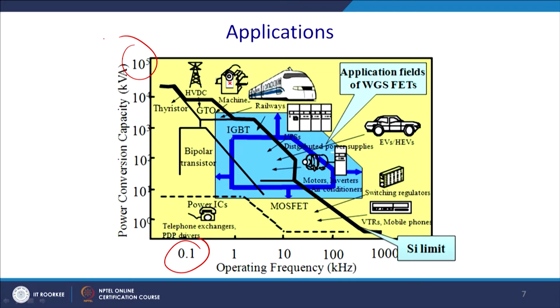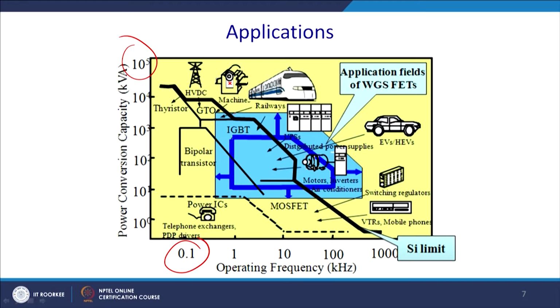Thereafter you have the GTO, where it is a little higher frequency and quite high voltage or high power. So, for this there are high power drives and railways. Thereafter the whole zone comes under the IGBT.